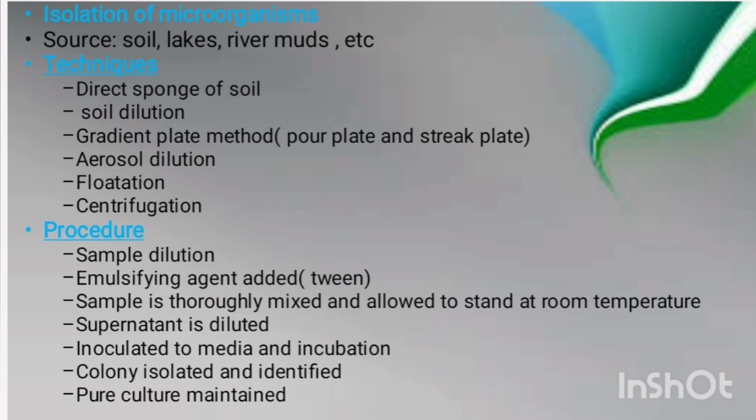Then an emulsifying agent, Tween, is added. The sample is thoroughly mixed and then allowed to stand at room temperature. The supernatant is diluted, that is 10 raised to minus 1 to 10 raised to minus 10.